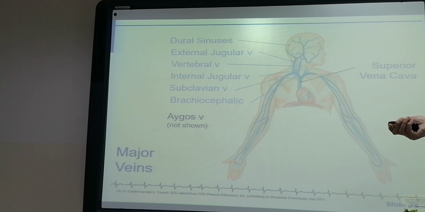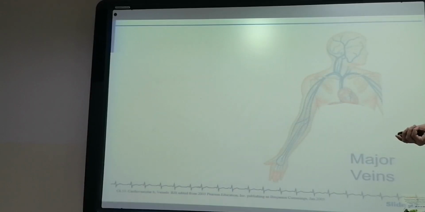There is also the cardiac vein, not shown here. The venous return from the heart comes through the greater cardiac vein.